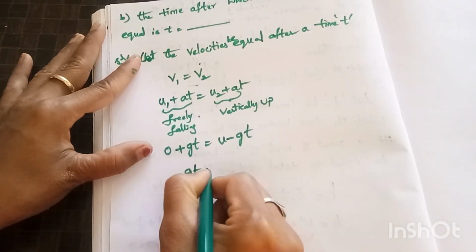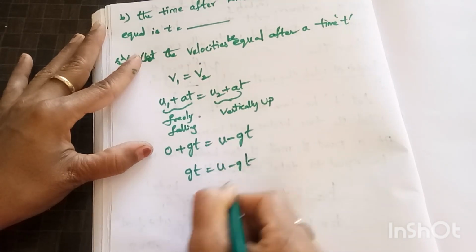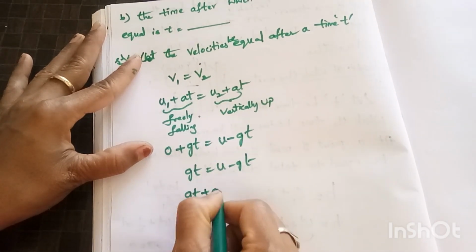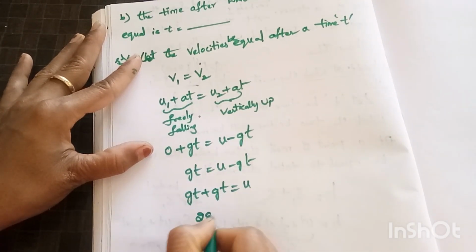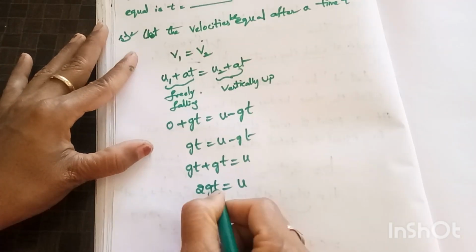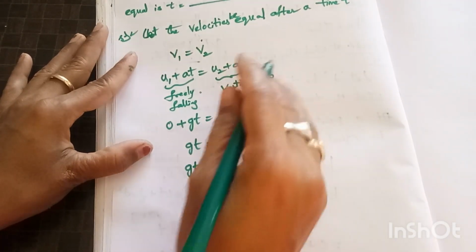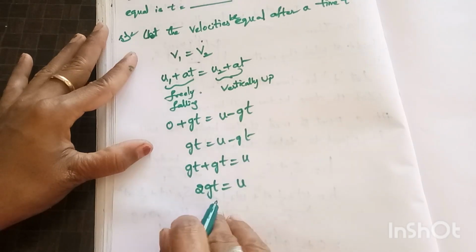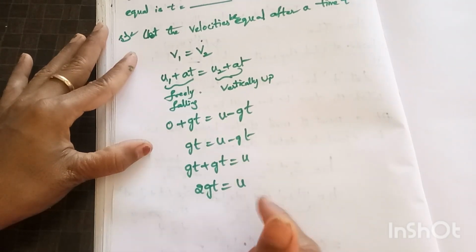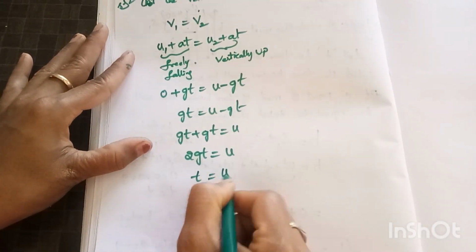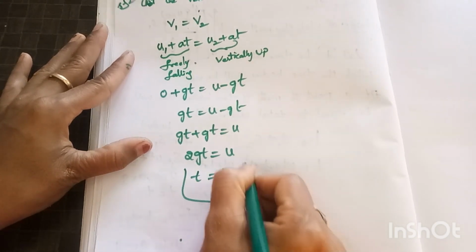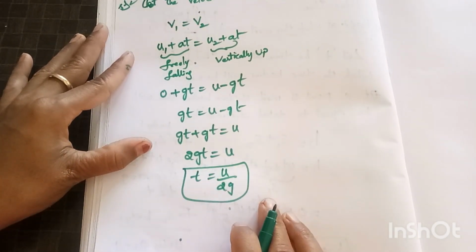So gt is equal to u minus gt. Sending this here, gt plus gt is equal to u, 2gt is equal to u. We want time after which the velocities are equal, so t is equal to u by 2g. This is the time after which the velocities are equal.